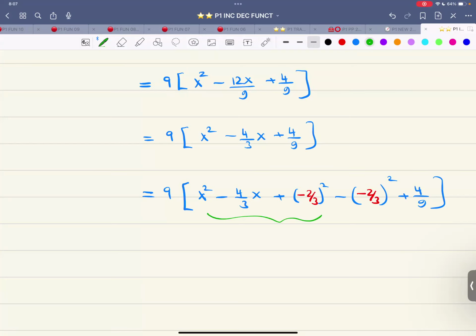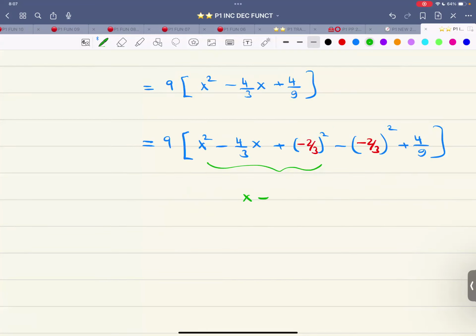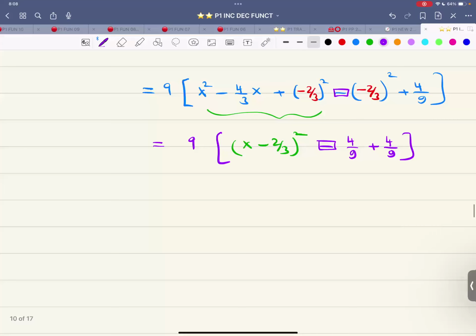Rewrite the first three terms as a perfect square, that is x minus 2/3 whole square. And over here, this is minus 4 over 9, and this is plus 4 over 9. There is a 9 on the outside. Open up the bracket. This is 9 times x minus 2/3 whole square.